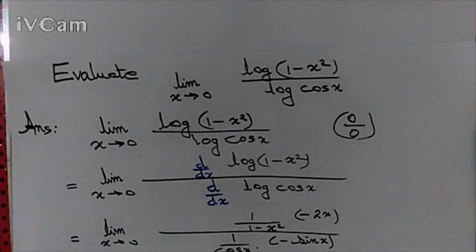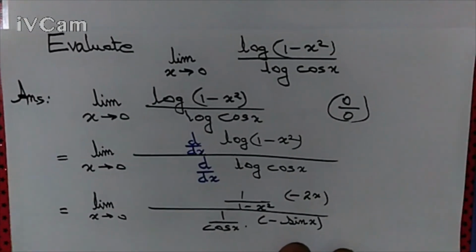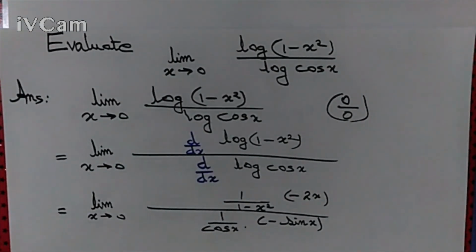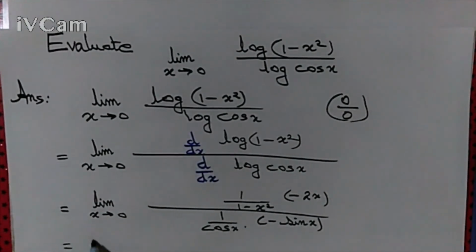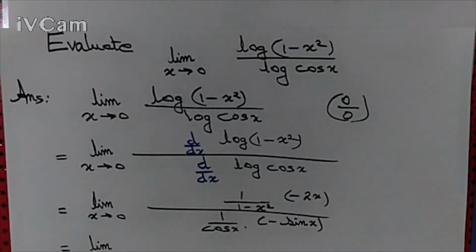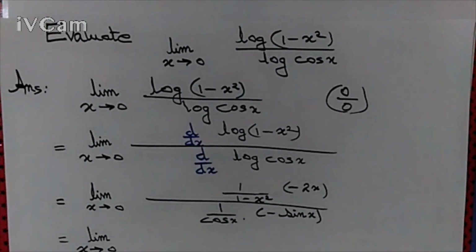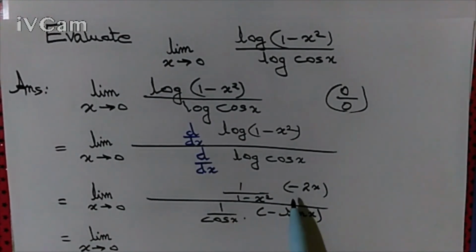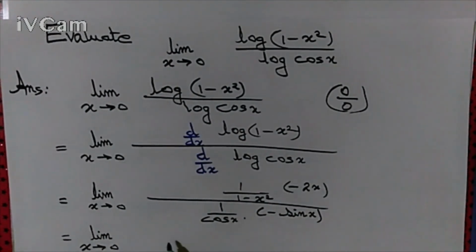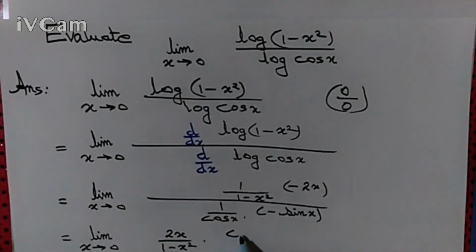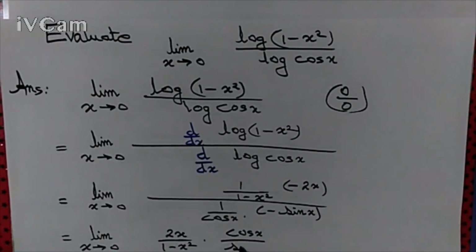We can cancel minus from numerator and denominator, and then this is equal to limit x tends to 0 2x by 1 minus x square into cos x by sin x.